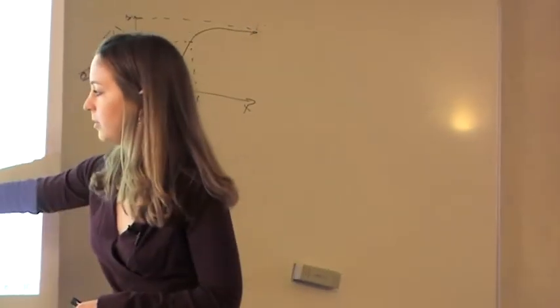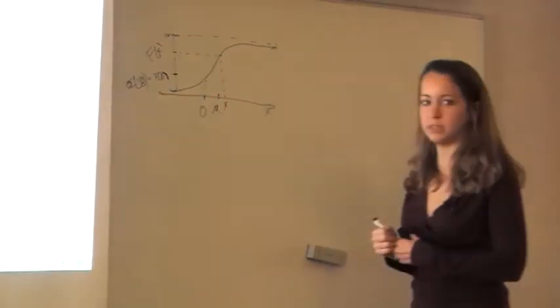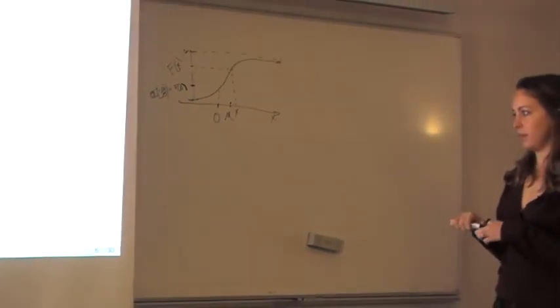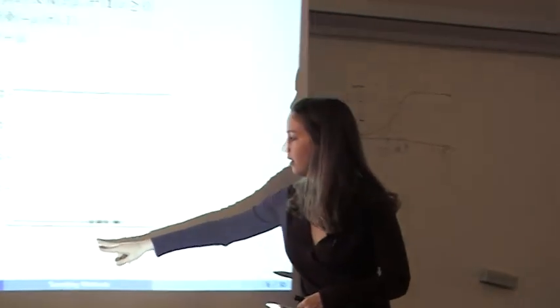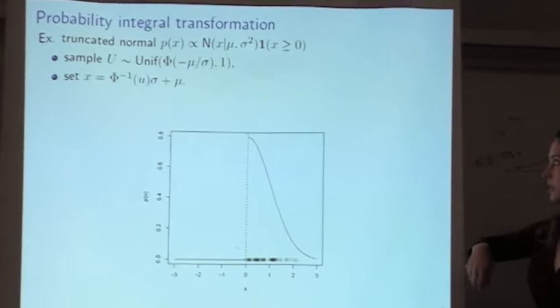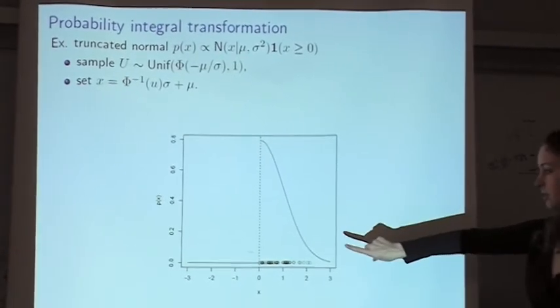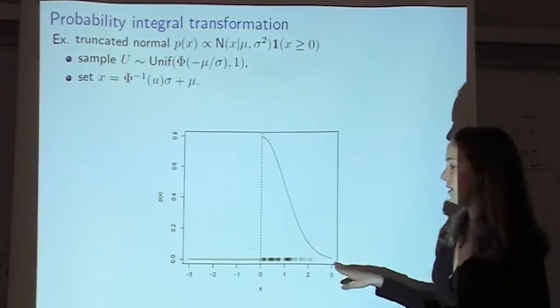Okay, so here's an example of sampling from a truncated normal using this algorithm. So here, mu is equal to 0. The variance is 1, so this is just standard normal truncated at 0.